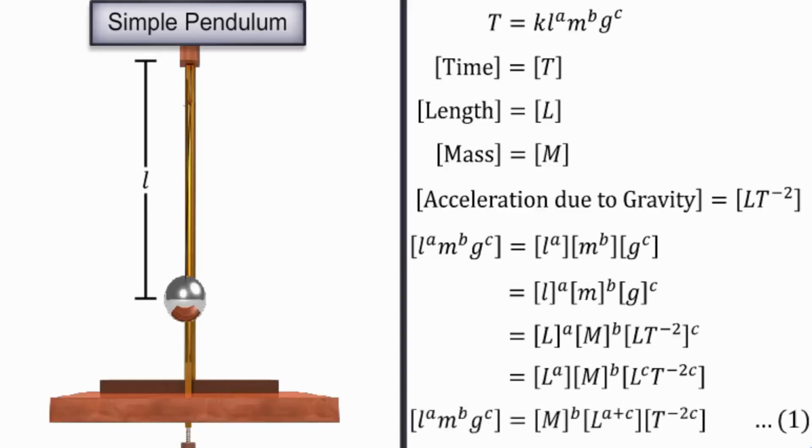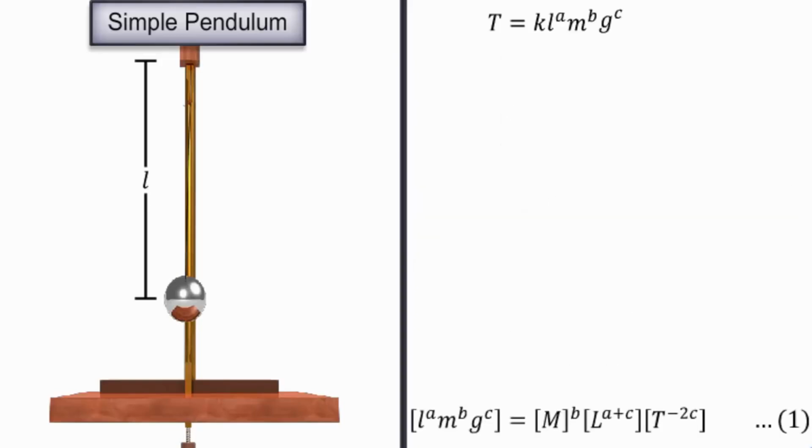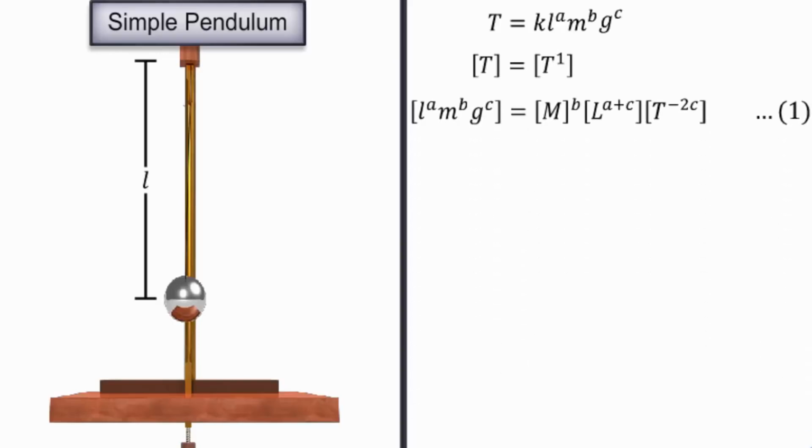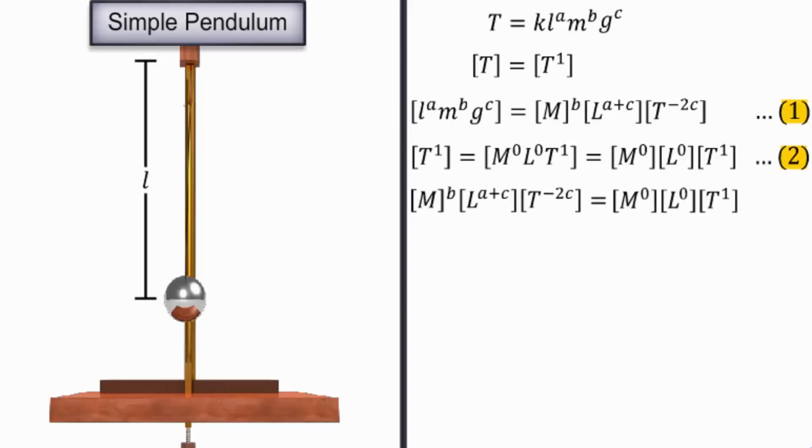The dimensional formula of the quantity on the left side of the equation is as shown. As we do not have the terms for M and L on the left-hand side of the equation, we take their powers to be 0 as shown. Let this be equation 2. Equating equations 1 and 2, we compare the powers of the base quantities on both sides of the equation.